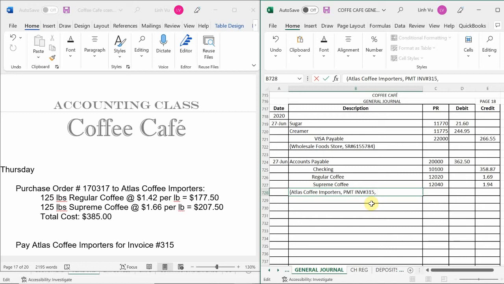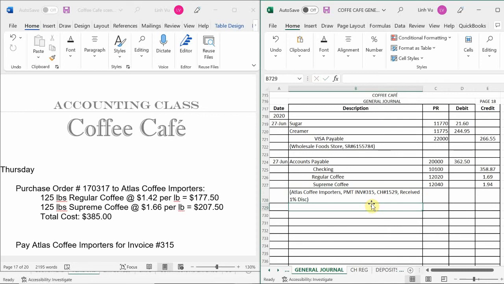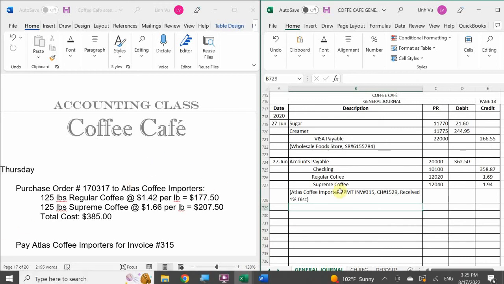Check number 1529. So then we go to the general ledger.